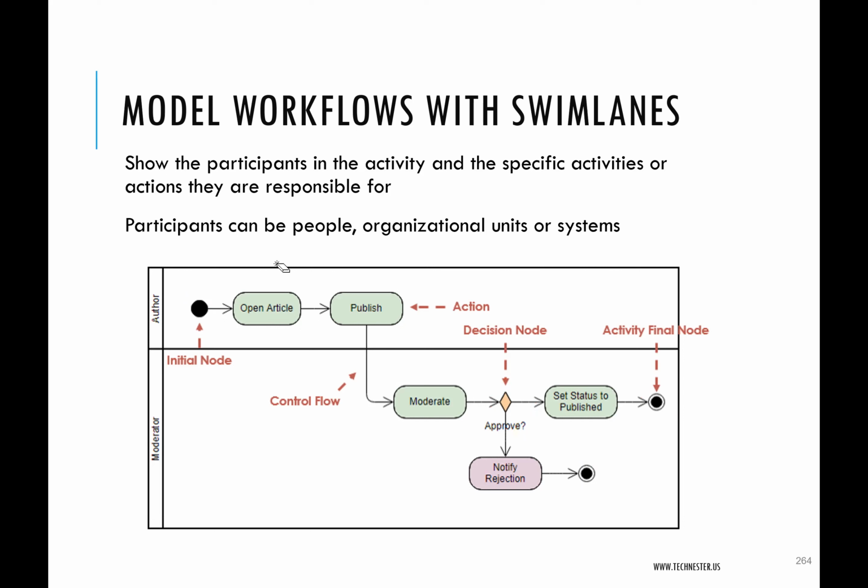Let's read this. Now, the actors in your process will be divided into what we call swim lanes. So this is a swim lane, this is another swim lane. So each actor will be divided into a swim lane.